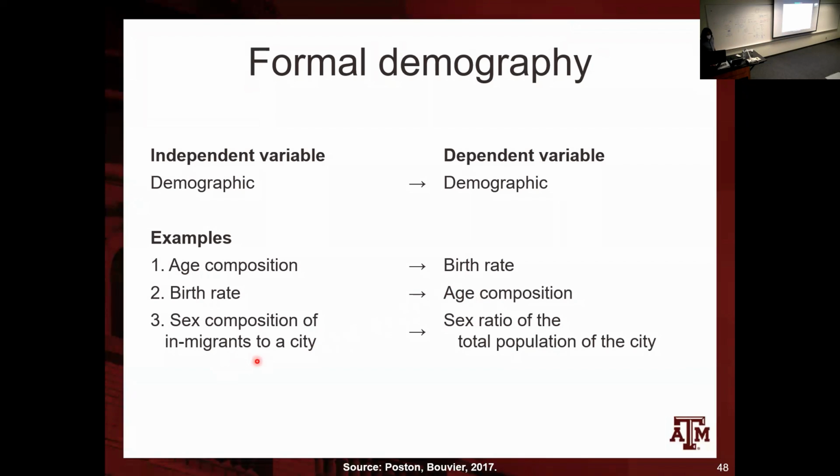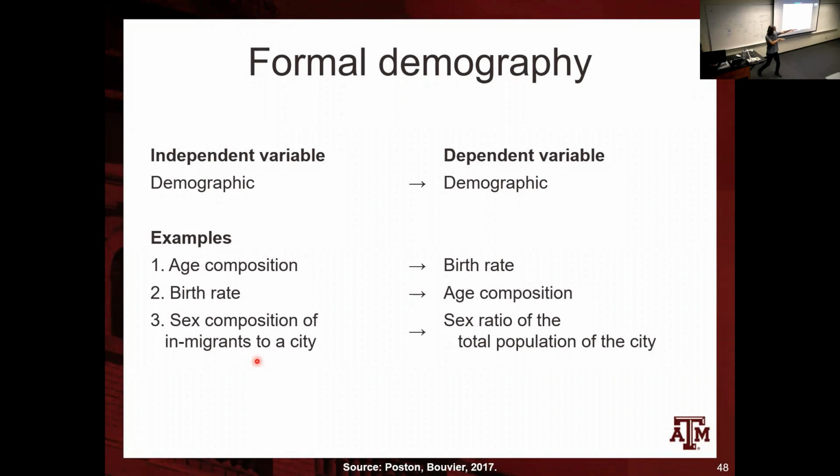Another example of formal demography, I could get the sex composition of immigrants to a city. And if I have more men coming from other countries or from other states into a specific city, in-migrants to a city, that might affect the sex ratio of the total population of that city. Sex ratio is what I mentioned in the last class. The number of men divided by the number of women. When I get the number of boys born in a specific year divided by the number of girls born in a specific year, that's sex ratio at birth.